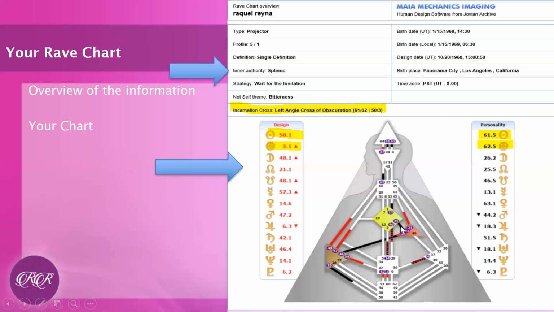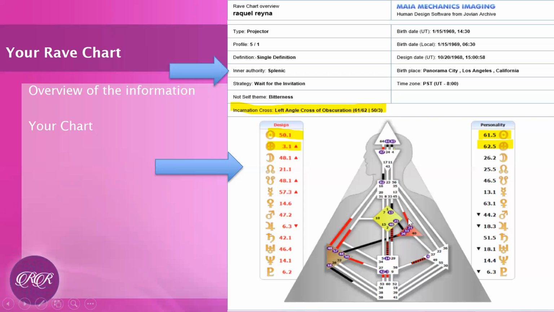You'll see that it comes together with my gate 51, which you'll see right here. And this creates a channel. So the channel is basically when 2 gates create a connection between the centers, and you'll notice it as a full line all the way across two centers.